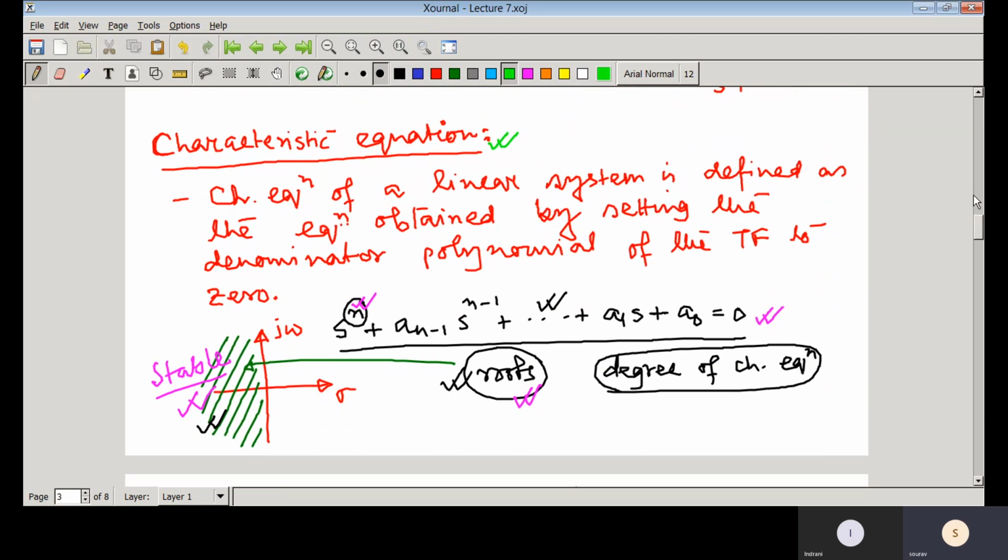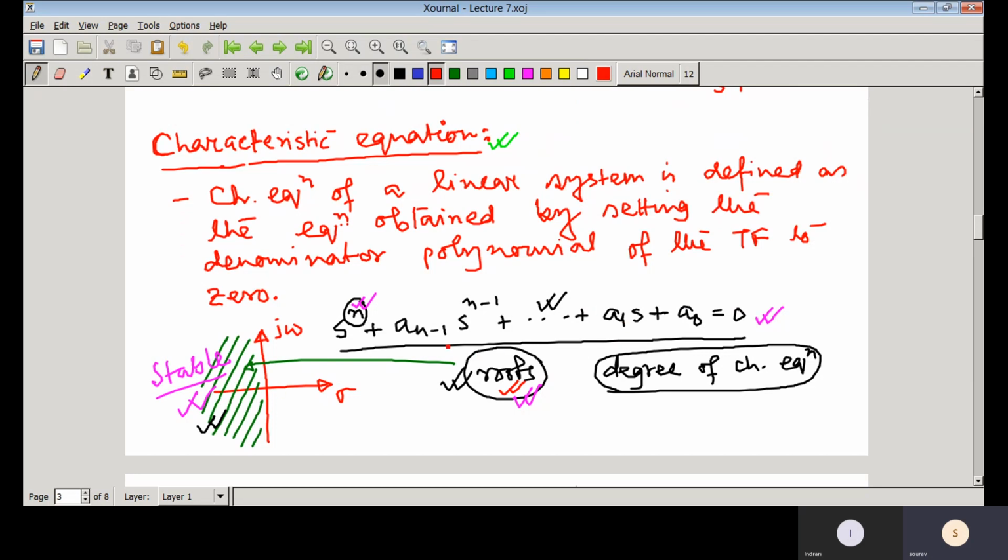It is called the characteristic equation, and I hope you can understand why the name characteristic is used. The reason is the roots of this particular polynomial give you all the information.